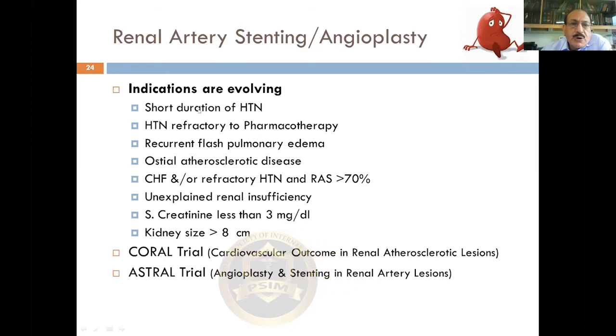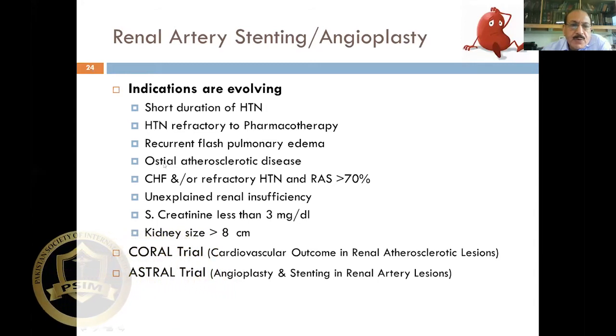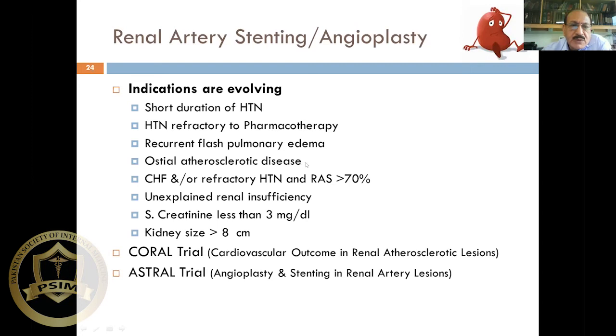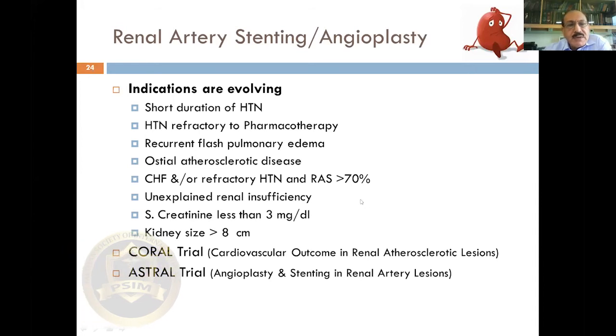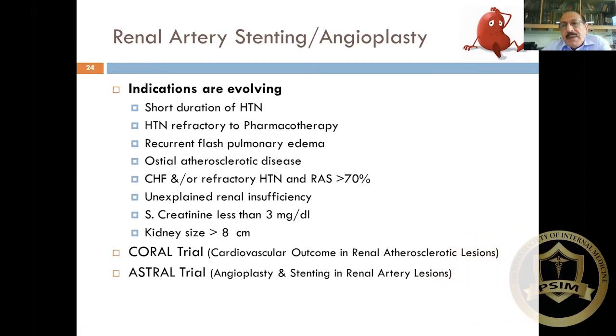They include a short duration of hypertension which is refractory to pharmacotherapy, or recurrent flash pulmonary edema, or ostial atherosclerotic disease, or heart failure, or renal artery stenosis more than 70%, or unexplained renal insufficiency, or a creatinine which is less than 3 milligrams, because if it is already high, then there's no point in doing this, or a kidney size which is greater than 8 centimeters.